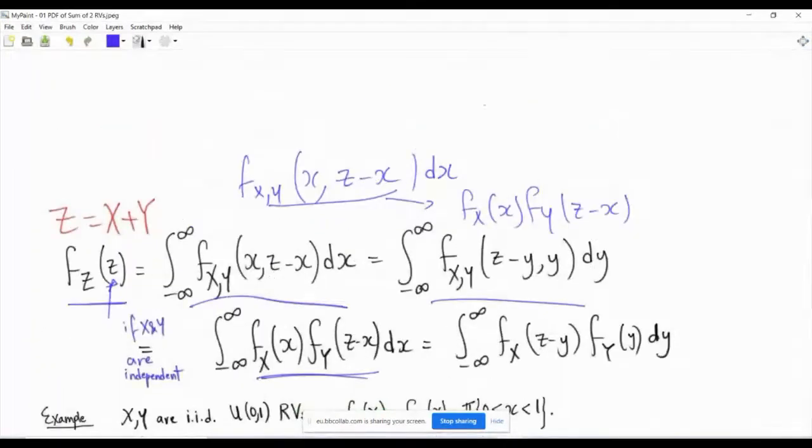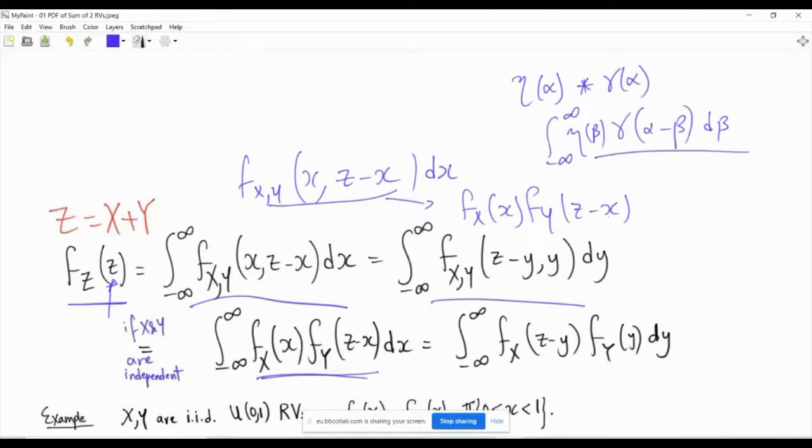And generally, if we have two functions, let's say eta of alpha and gamma of alpha, and we want to convolve those functions, what we do is that we choose a dummy variable of integration, say beta, and then we take eta of beta, and then we get gamma of alpha minus beta.